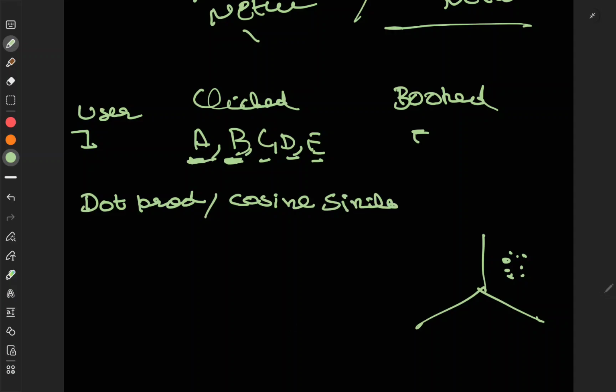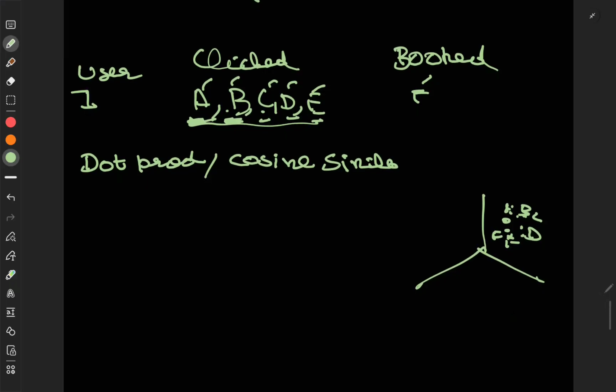And in the embedding space, A, B, C, D, E, and F should be near to each other. Okay, so we need something which brings all of these embeddings near to each other. This boils down the problem to: we somehow need to bring all these embeddings close to each other.